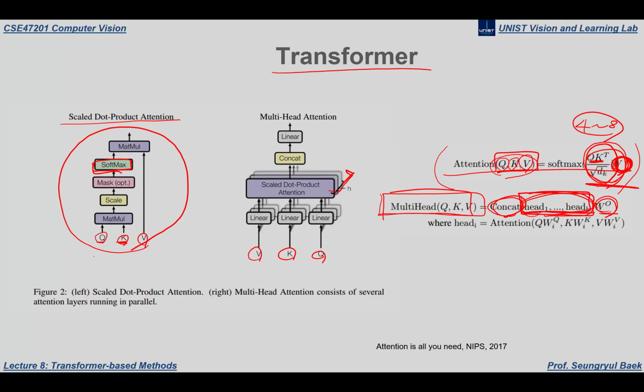So this is one attention, and we are applying multiple attention mechanisms and concatenating them and having just one more weight, okay, to get the multi-head attention mechanism. So this is the core operation of the transformer, okay, the attention.